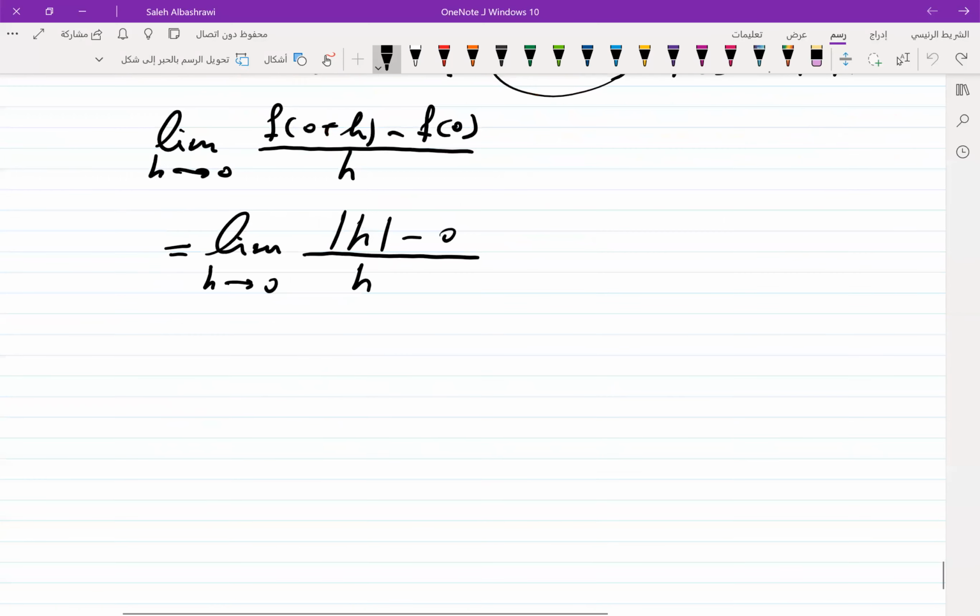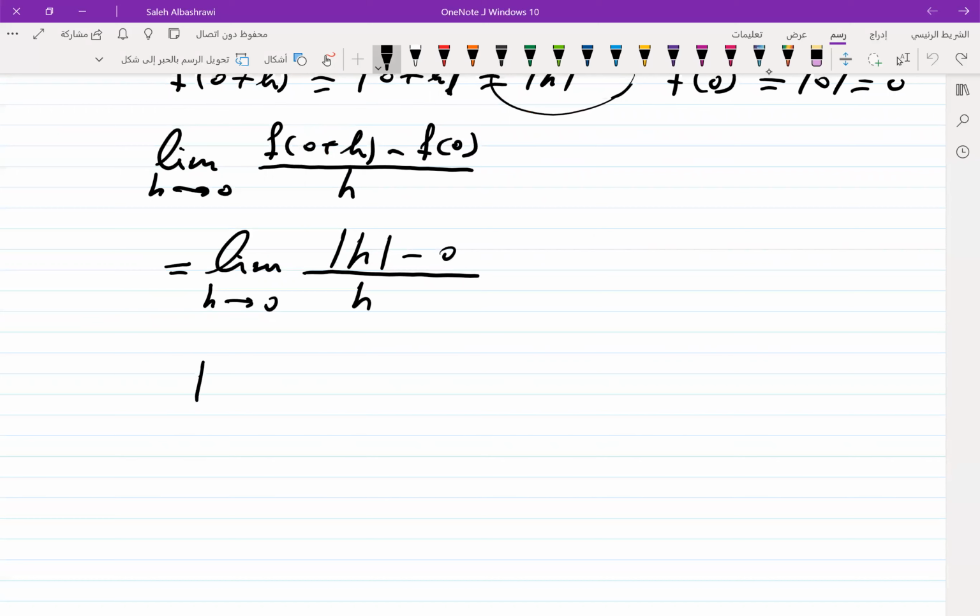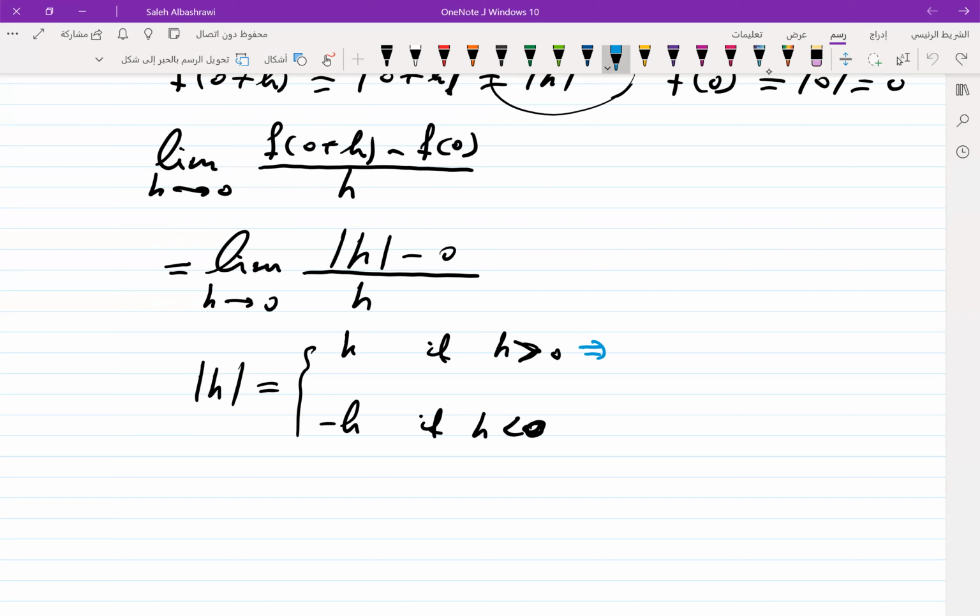And we know that absolute value of h is equal to h if h is greater than 0, and it is minus h if h is less than 0, which means I need to find the two-sided limits, left limit and right limit. From this one, I will find the right limit.